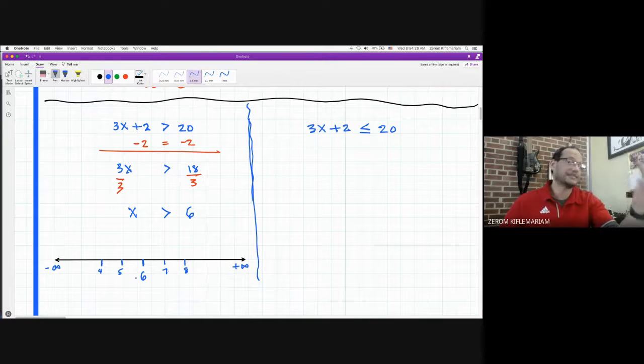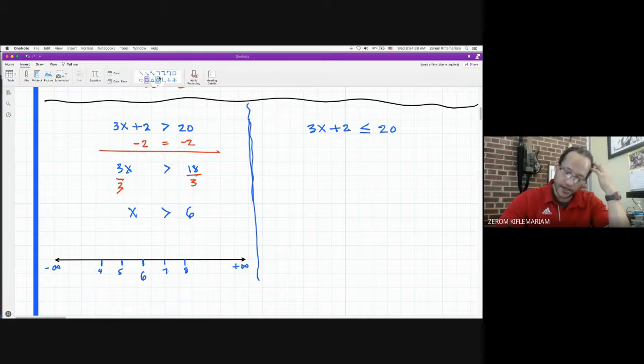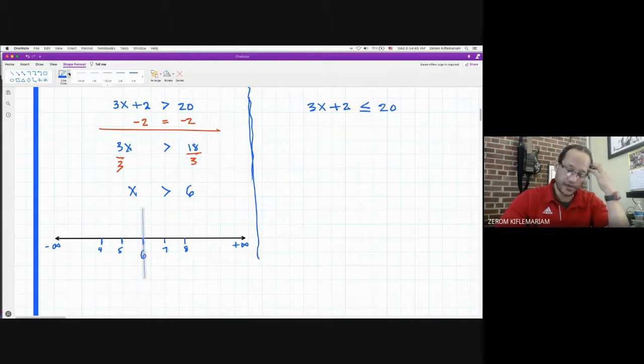Any number that is greater than 6 would be acceptable. If I am looking at the number 6, technically number 6 is right in the middle right there. So anything greater than number 6 is acceptable.